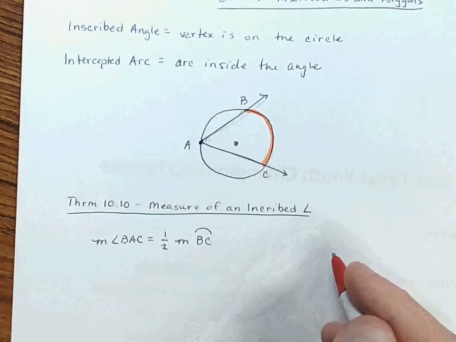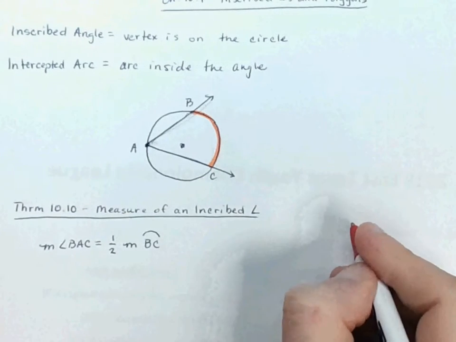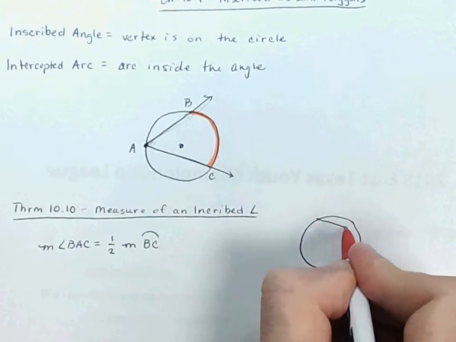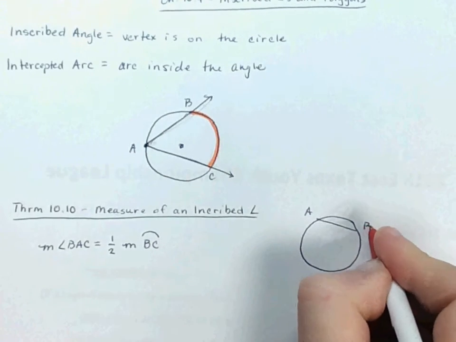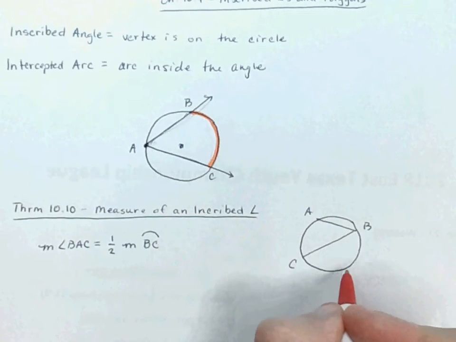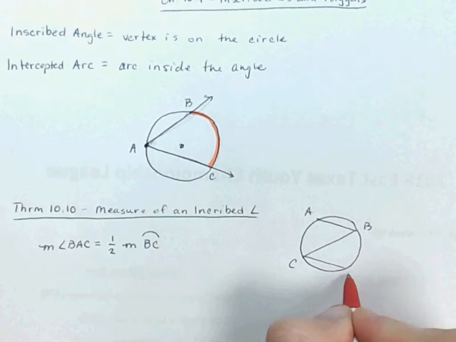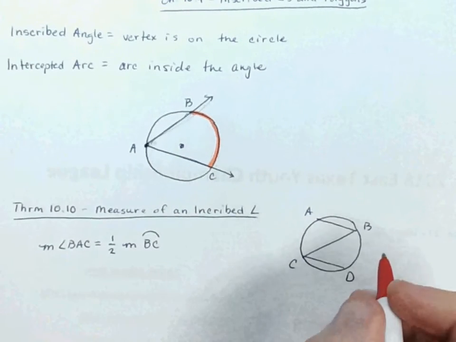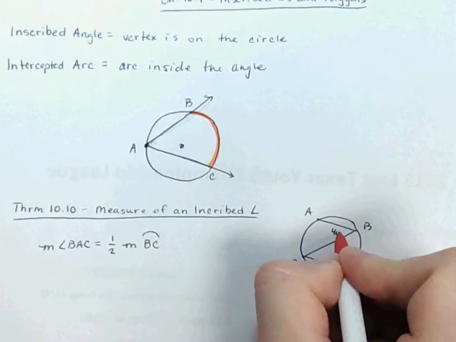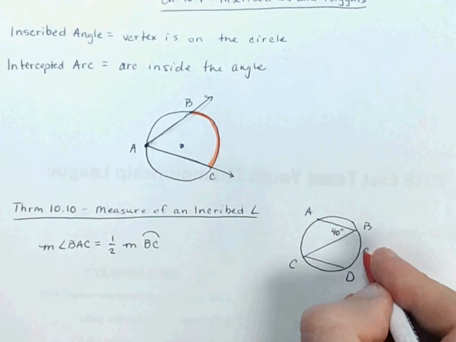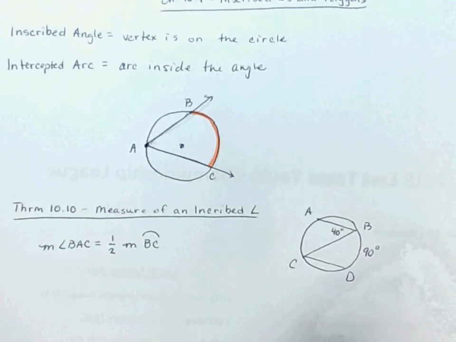Let's say we've got this circle over here. This chord AB, BC, CD. Let's say that this is 40 degrees, and this is 90 degrees.